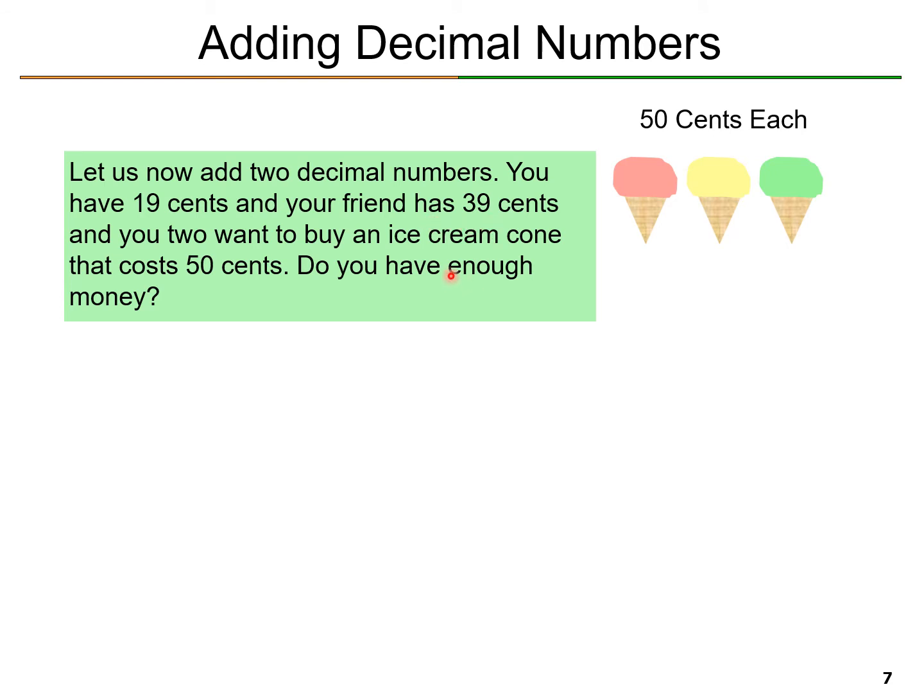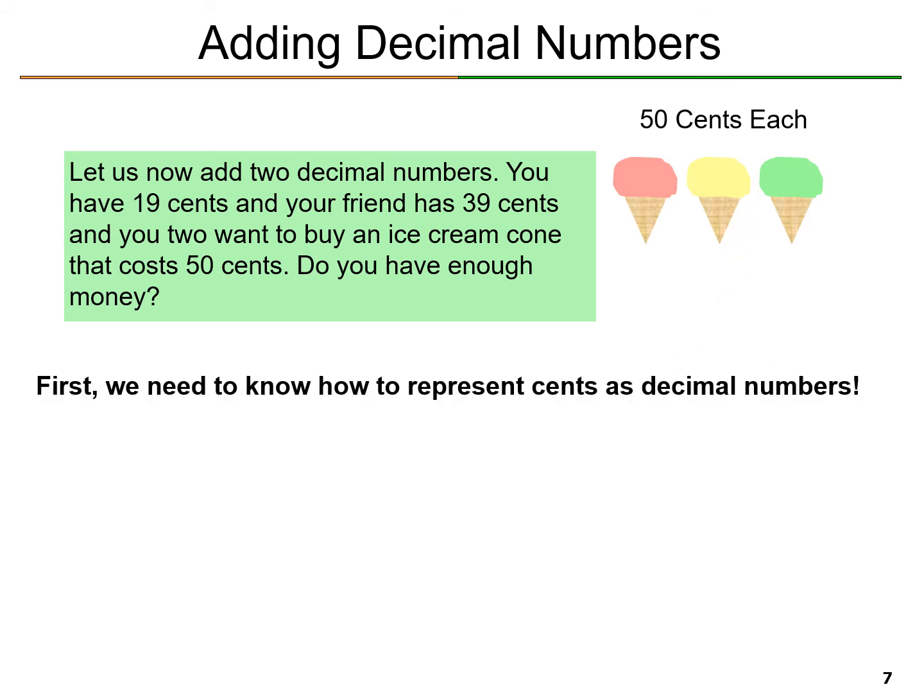And you want to buy an ice cream cone. And again, each one of these costs 50 cents. Do the two of you have enough money? Remember, you have 19 cents, your friend has 39 cents, but each ice cream cone costs 50 cents. So do we have enough money?